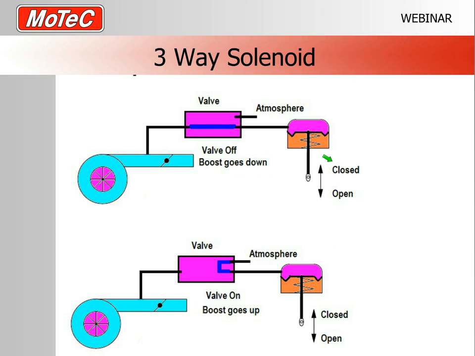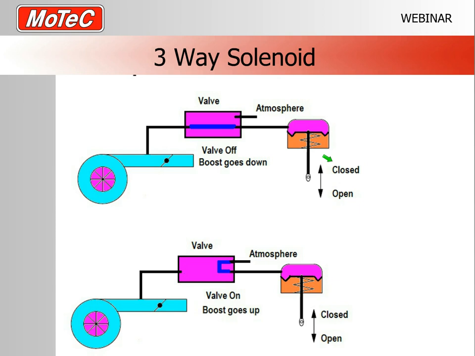Then aftermarket systems started supplying three-way valves, and today there are still not many on factory cars, but Motec have available a three-way boost control valve, and that valve operates like this.